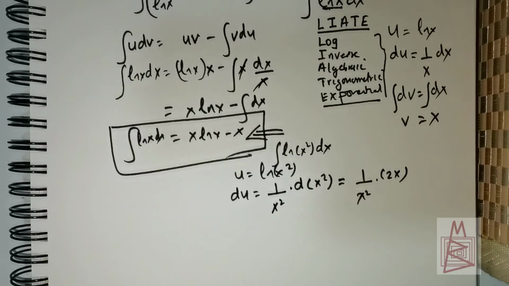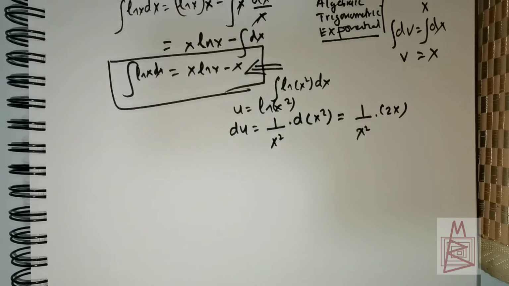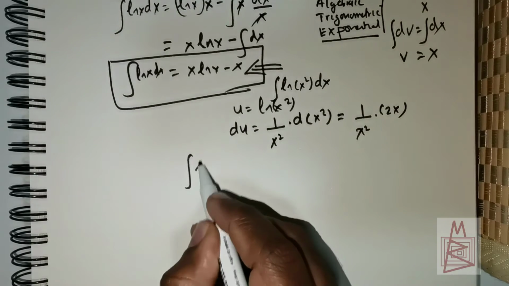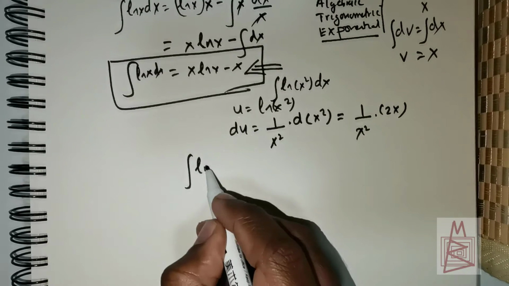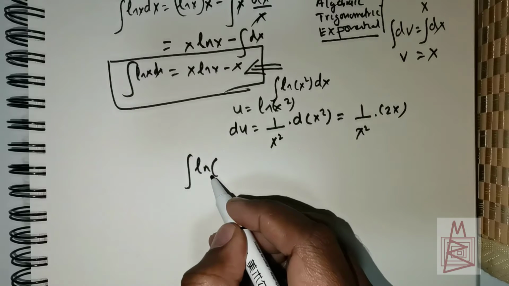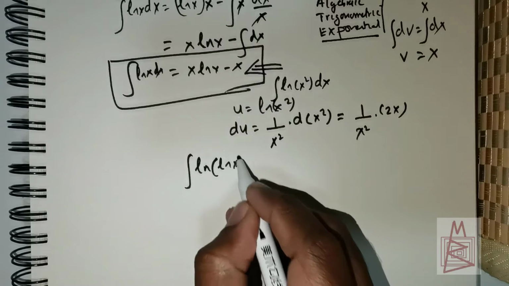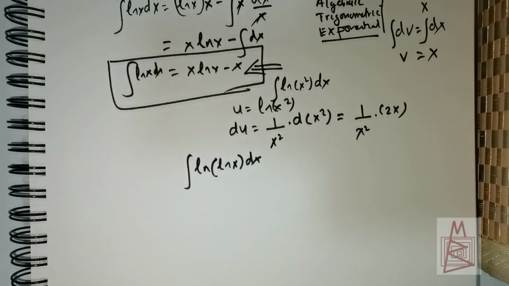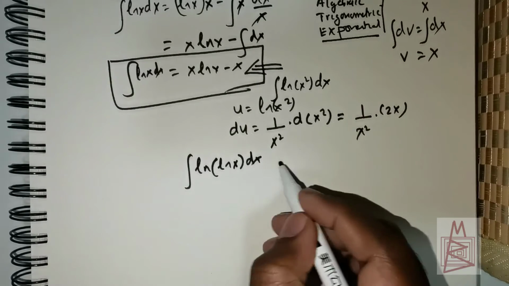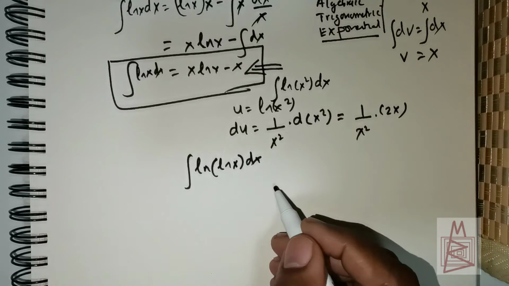So this is what we have got. Now the idea is, if you were given this question to integrate ln of ln x times dx, how would you apply the tool of integration by parts?